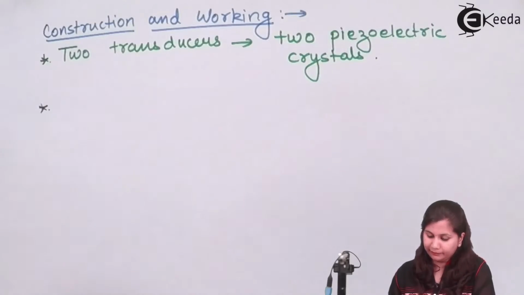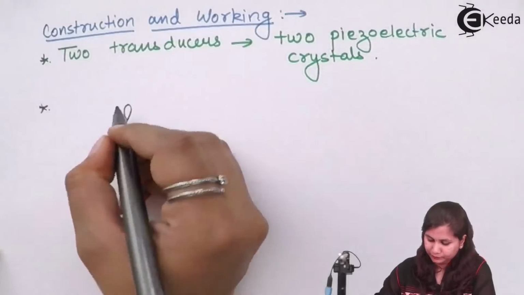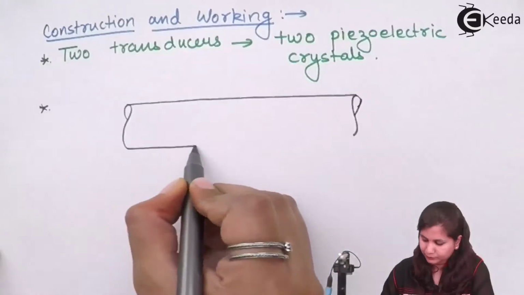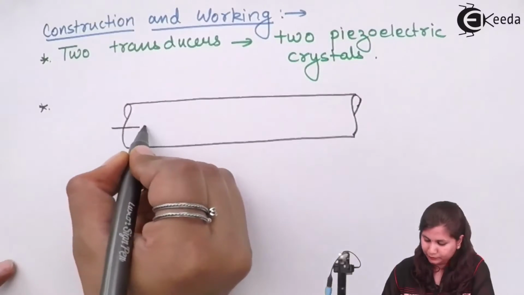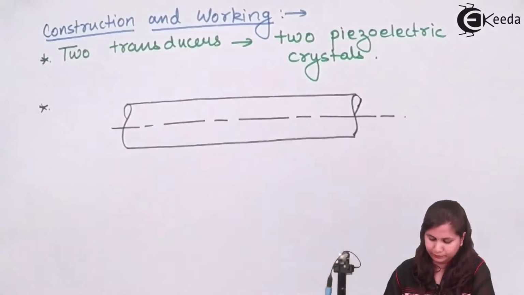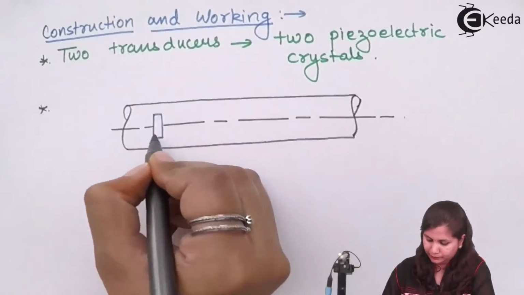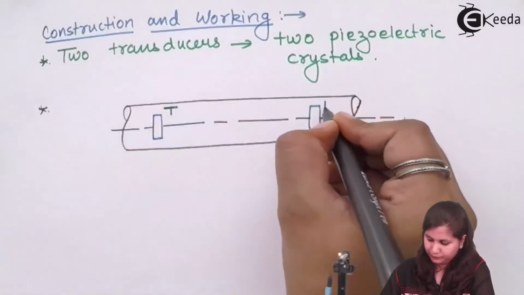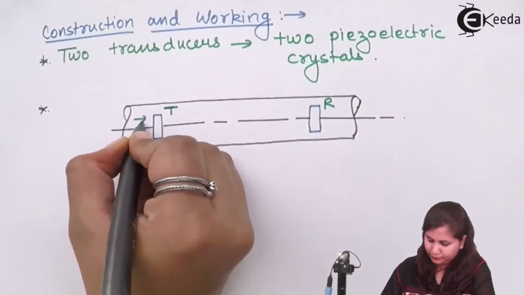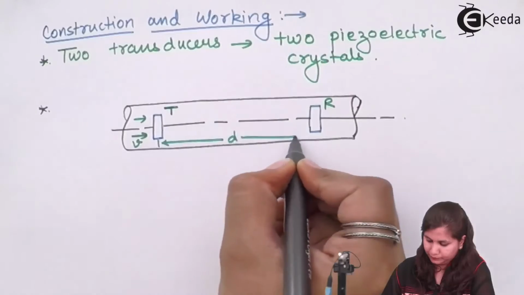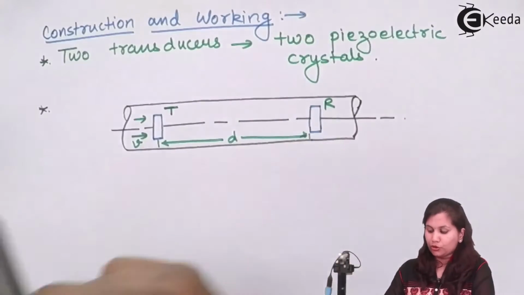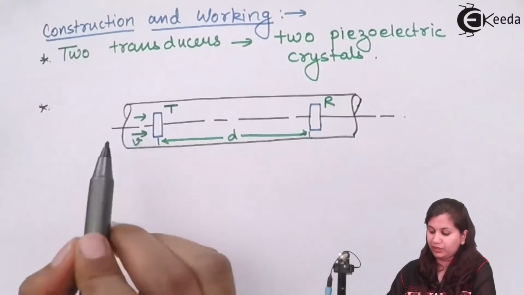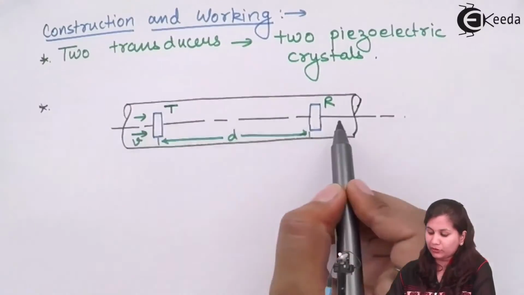If we see the diagram, this is the pipe in which the fluid is moving with the velocity v, and these are the two piezoelectric crystals.